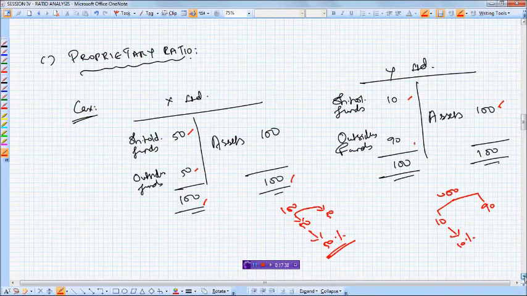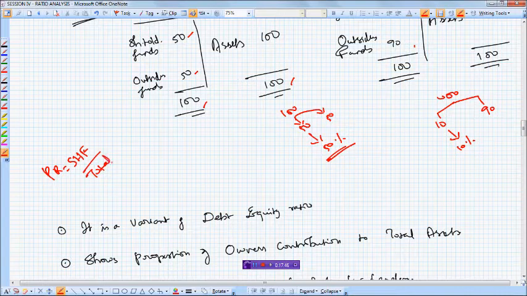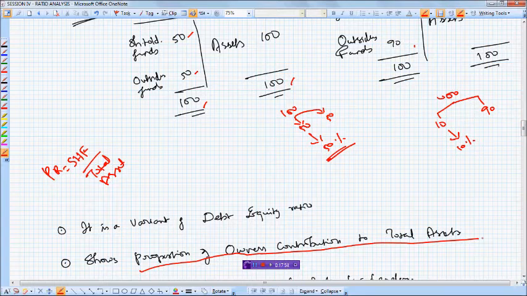It is given by the formula: proprietary ratio is equal to shareholder funds divided by total assets. That is, it shows the proportion of the owner's contribution to total assets. This ratio is also another variant of the debt equity ratio.